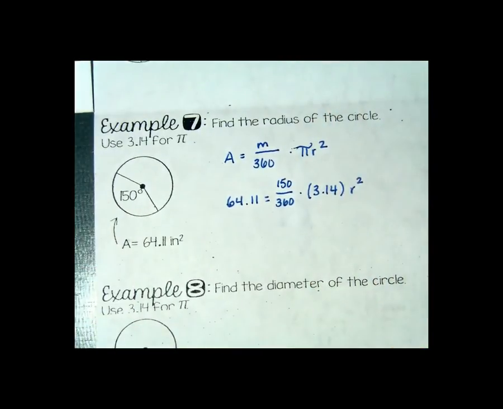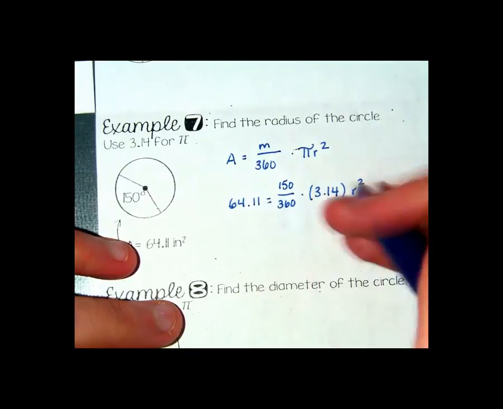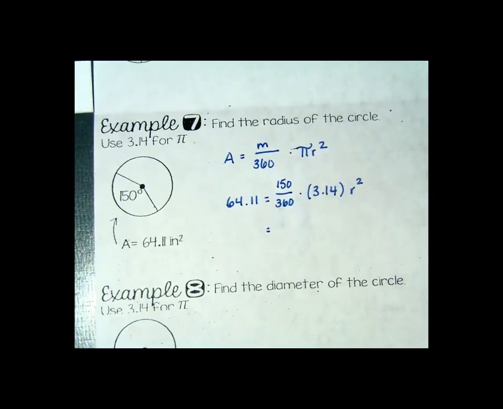What are we going to do to solve for r? Okay, we could divide by the fraction. Let's go ahead and multiply these two together. But do not round. That's the problem. If you round, you're going to have a problem. It does give you a decimal. A repeating decimal.